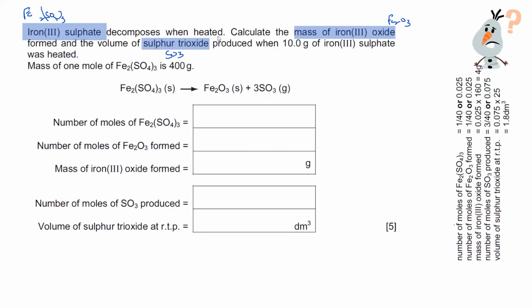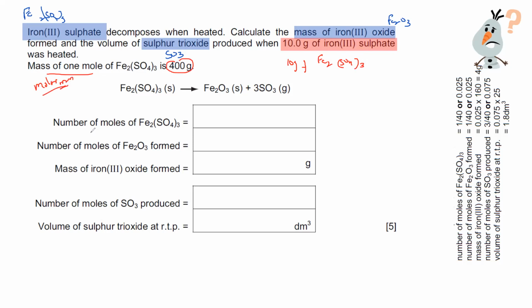In the question, we have 10 grams of Fe2(SO4)3, and the mass of 1 mole, which means the molar mass or mass in gram for 1 mole, is given as 400.